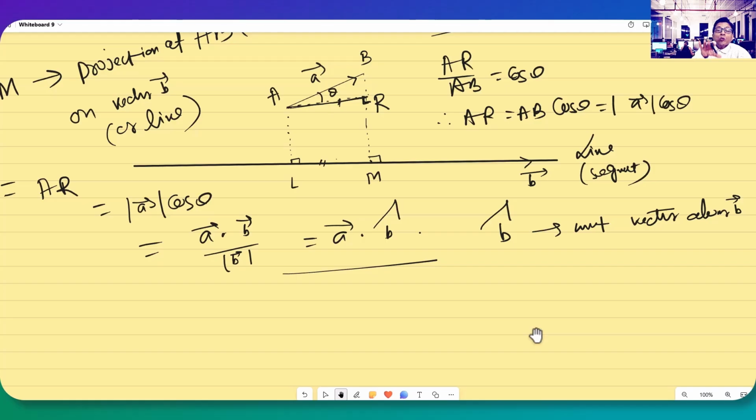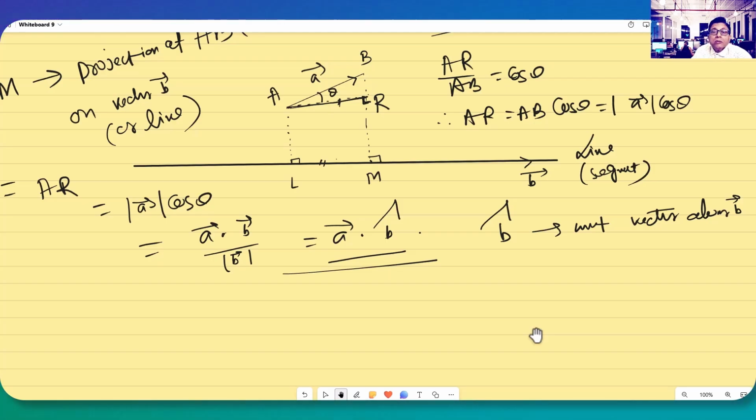See, when we have learned 3-dimensional geometry, no vector was there. I mean, vector was there, but as a different subject. You are applying the concept of vector to get better idea of 3-dimensional geometry. And length of projection of vector AB, that is A on B, we found A dot B cap.